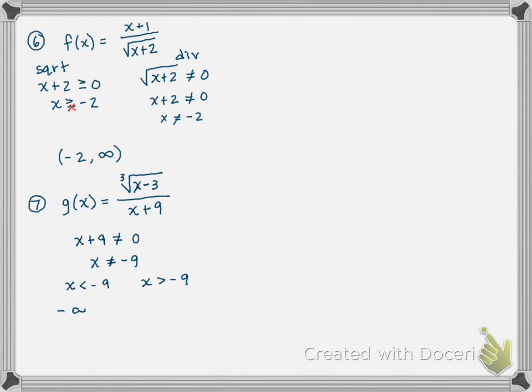So -infinity to -9. And then -9 to infinity. And I know that kind of looks like we didn't skip anything, but remember those soft brackets mean we got infinitely close to -9, but we didn't actually reach it. And that's on both sides. So the only thing we've skipped is -9.